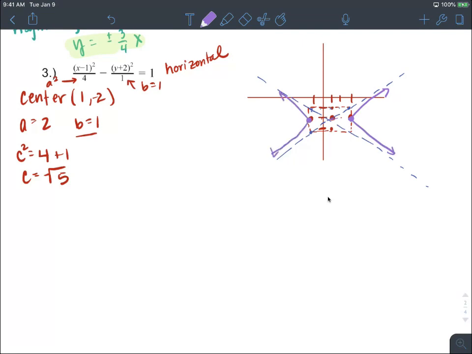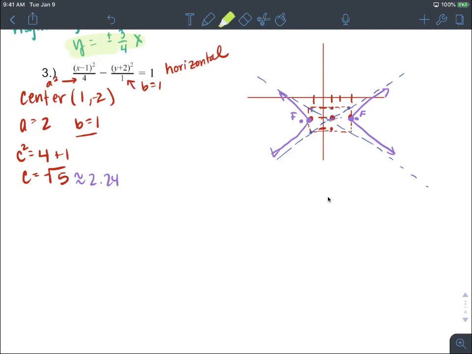Oh, I totally touched that asymptote. Okay, my C value is √5, which is a little bit more than 2, so about 2.24, I think. So I'm going to count 1, 2.24, the focus, and 2, the focus. And that is it for the graph.